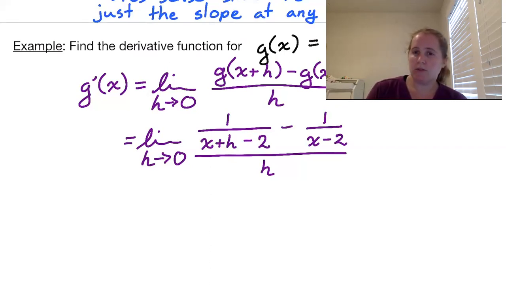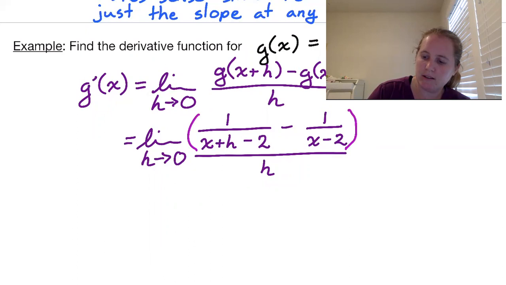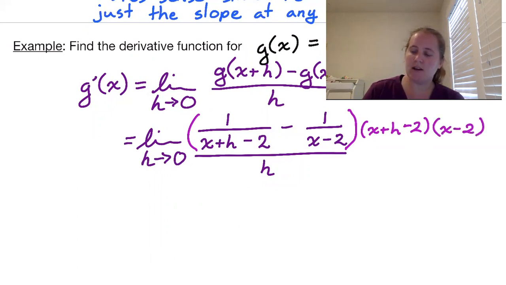So I'm going to do what is called clearing the denominators. I'm going to multiply the top here by the least common denominator, which would be x plus h minus 2 times x minus 2. And if we do that to the top of our big fraction, we should also do it down below. So we have x plus h minus 2 times x minus 2.